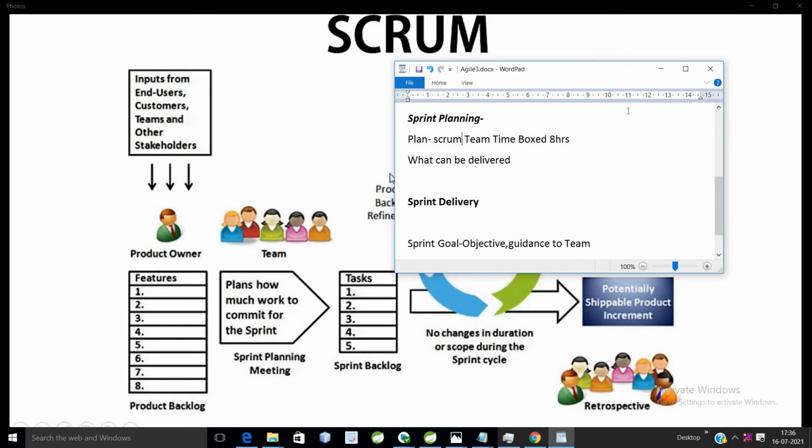Then we have sprint delivery. After completion of the sprint, we deliver our product. The sprint goal comes under it. What is a sprint goal? A sprint goal is like a target: how many product backlog features we can complete within a time limit.